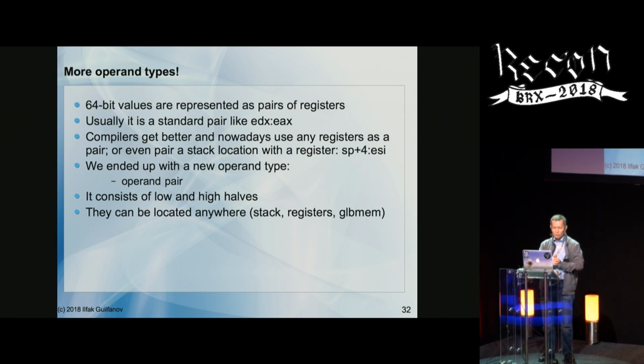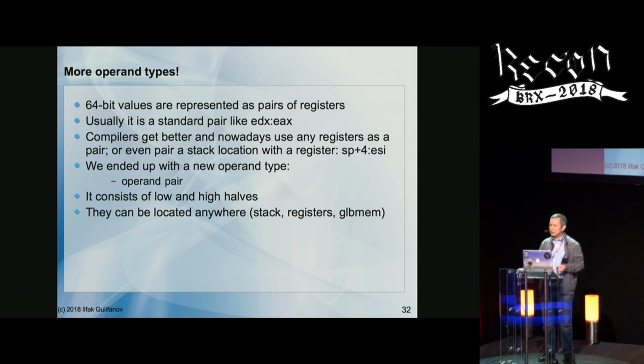We had to introduce more operand types over time because everyone starts with simple registers and is proud, saying, oh, it works great. But there are many minor details, like for example, 64-bit values on 32-bit platforms. There we have the following problem, because one register cannot hold the entire value. Therefore, usually we use a standard pair like EDX and EAX.